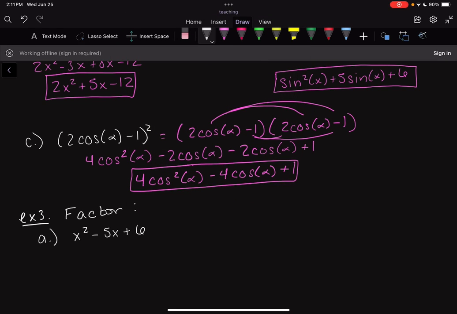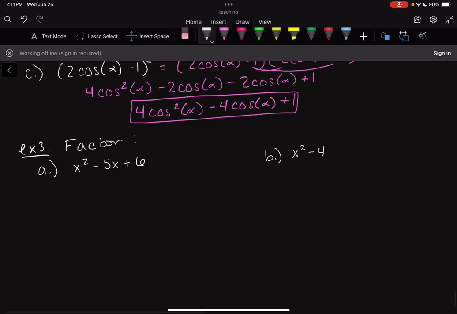And of course, we'll do some with trig functions as well. Let me do this one first. x squared minus 4. So there's two algebra ones. Then we'll do sine squared x plus sine x minus 2.